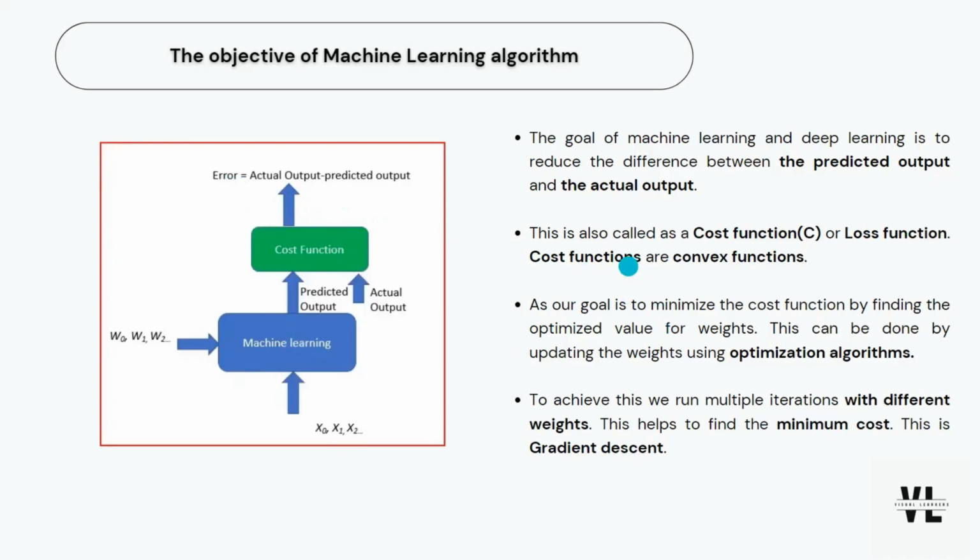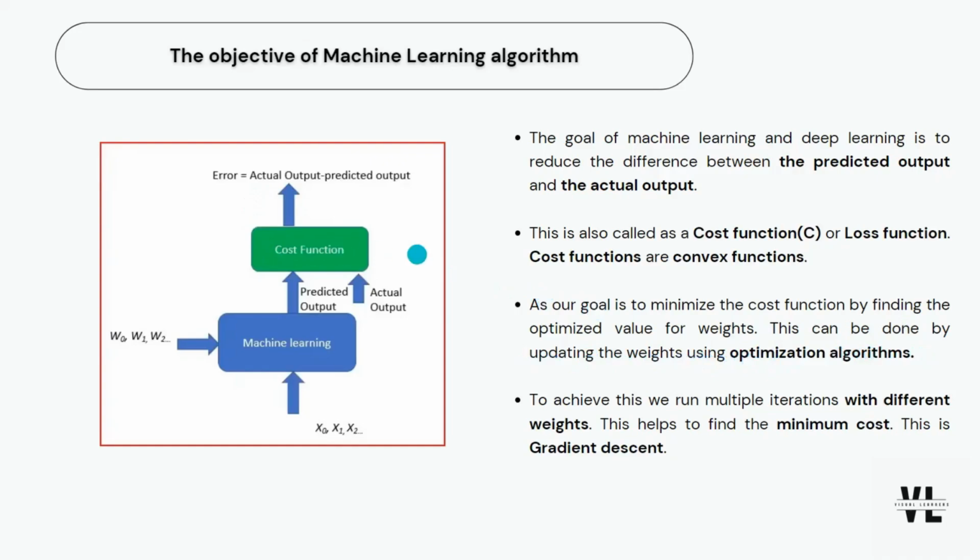And these cost functions are mostly convex functions. As our goal is to minimize the cost function by finding the optimized value for the weights, this can be done by updating the weights using the optimization algorithms.